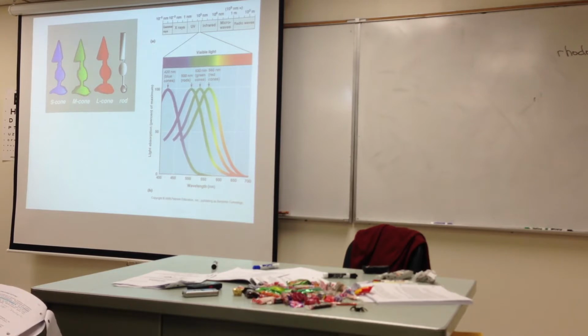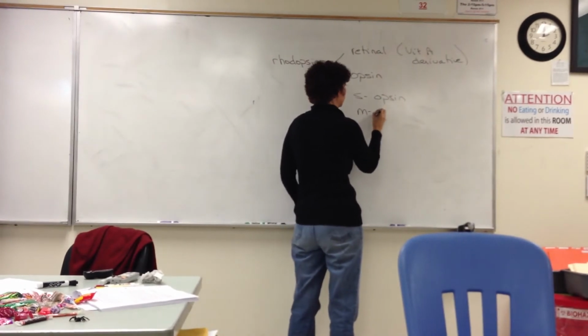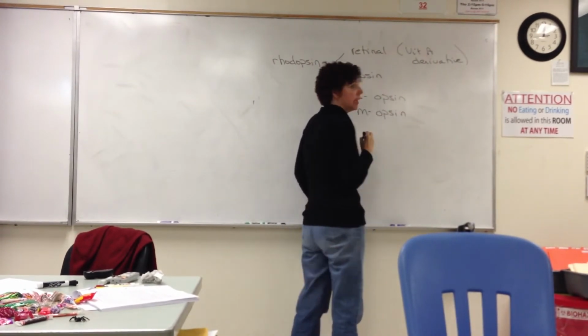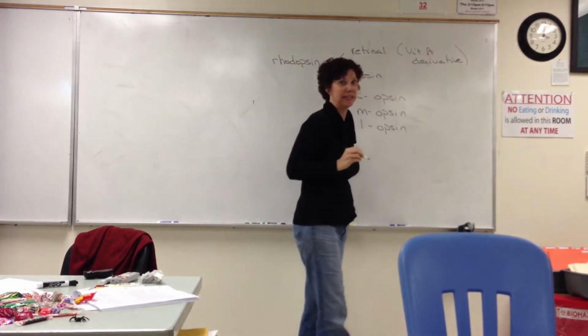So the S cone, M cone, and L cone refer to the opposins. We have short wavelength, or S opsin, middle wavelength, or M opsin, and long wavelength, or L opsin.